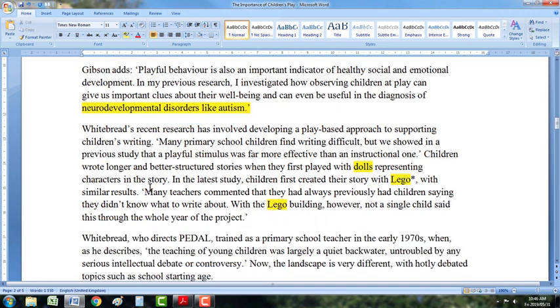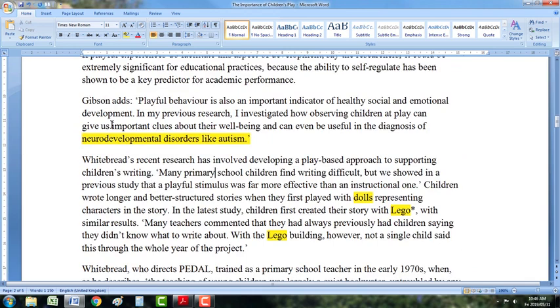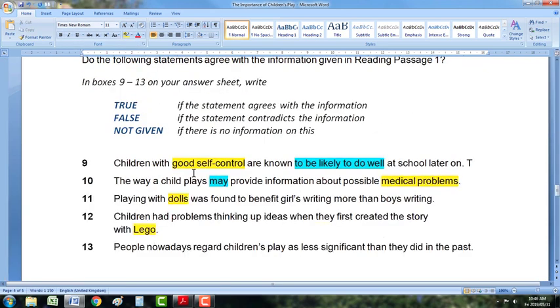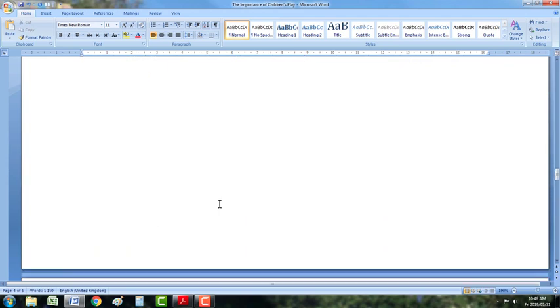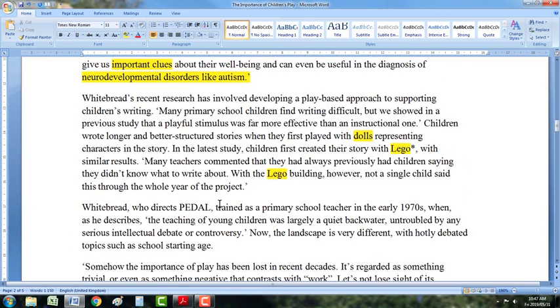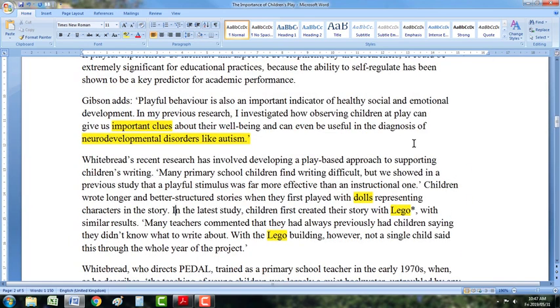So, what else did we want? We wanted information. Can you see where information is? Important clues is information. The way a child plays may provide information about possible medical problems. Target language is probably may. There is may over there.